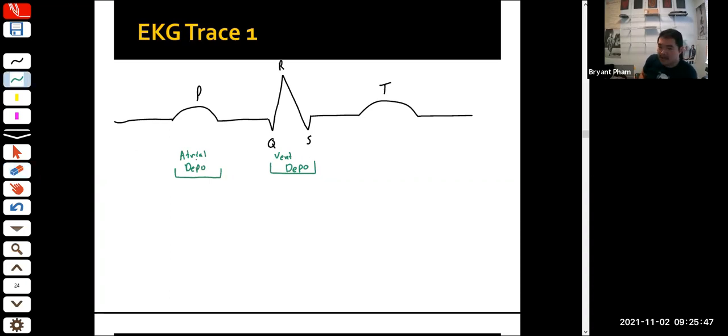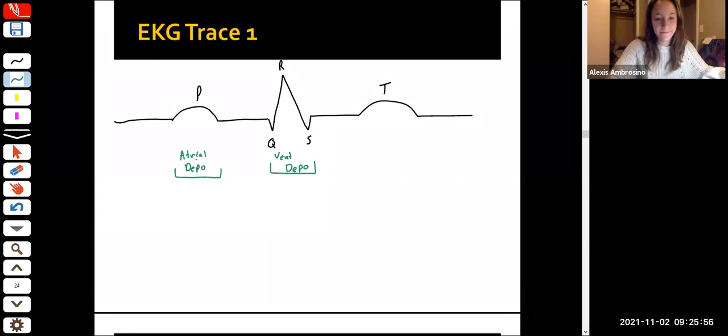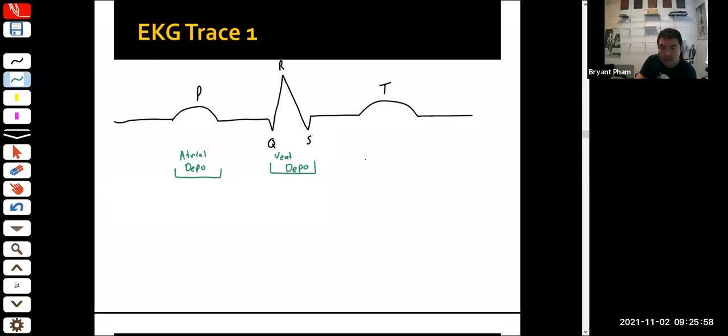So what comes after depolarization in an action potential? What happens after depolarization? Repolarization. Repolarization, perfect. So that means my T wave must be vent repolarization. If you depot, you must repo.